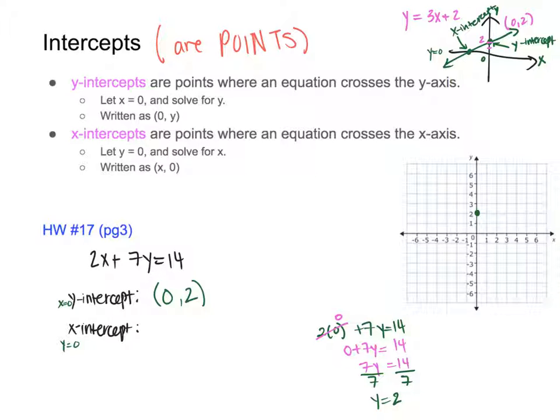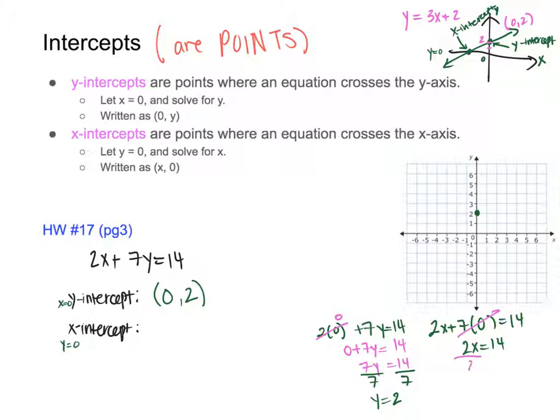I'm going to plug in 0 for y this time. So that's going to be 2x plus 7 times 0 equals 14. And so 7 times 0 is going to make that 0, and so that's going to be gone. Now we just have 2x, so I'm going to bring that 2x down, and then I'm going to bring the 14 down.